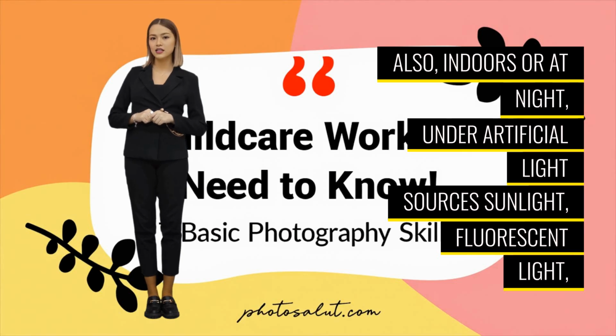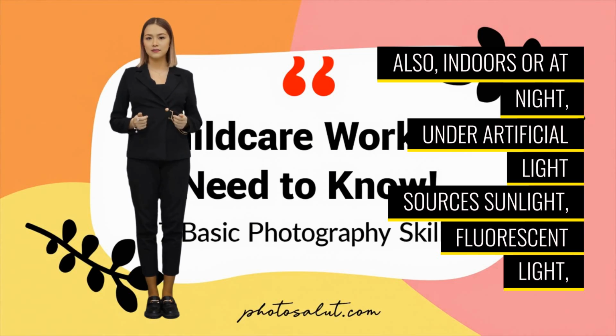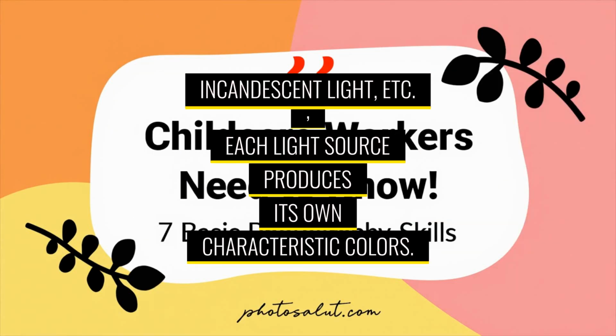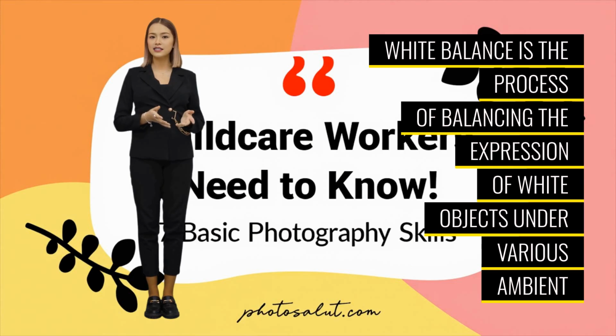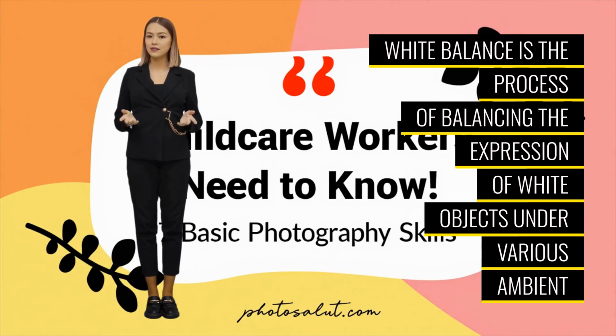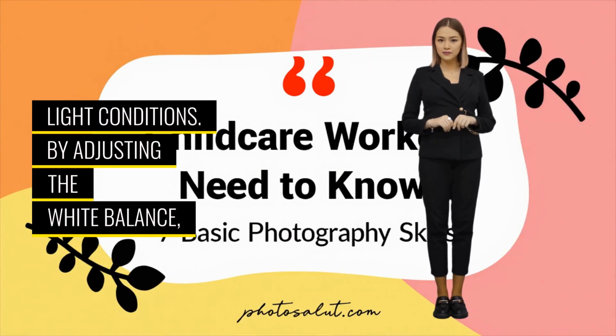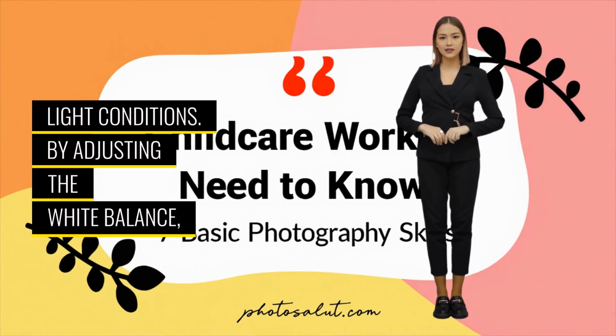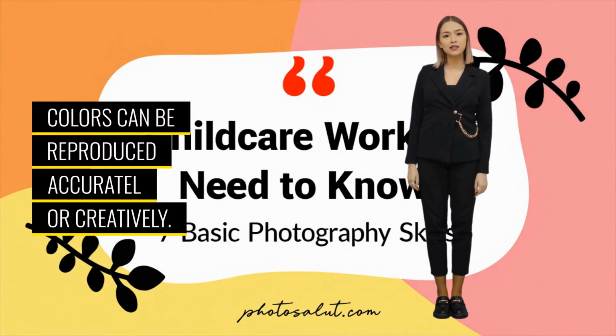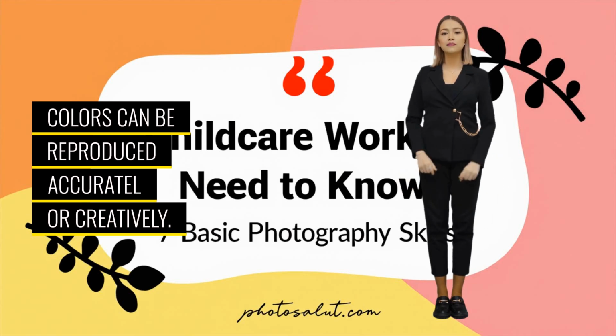Also, indoors or at night, under artificial light sources, sunlight, fluorescent light, incandescent light, etc., each light source produces its own characteristic colors. White balance is the process of balancing the expression of white objects under various ambient light conditions. By adjusting the white balance, colors can be reproduced accurately or creatively.